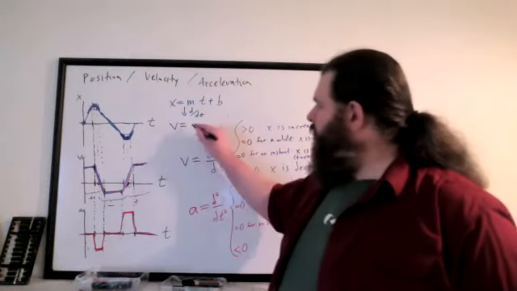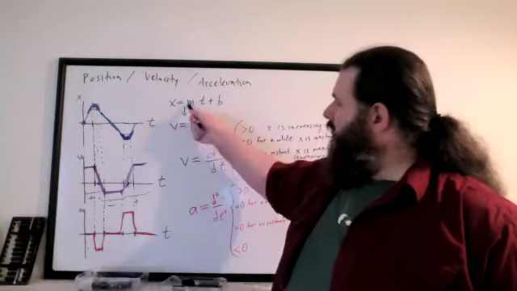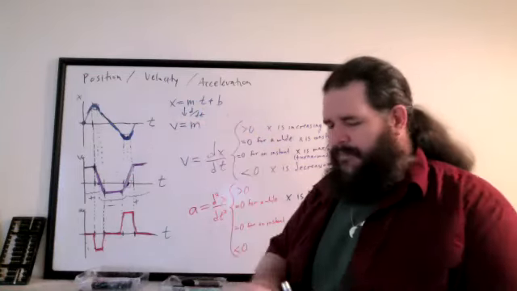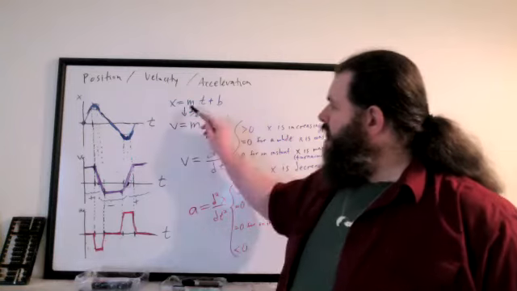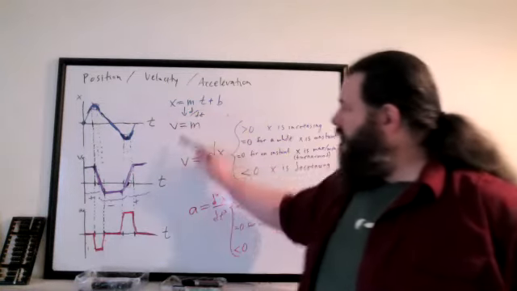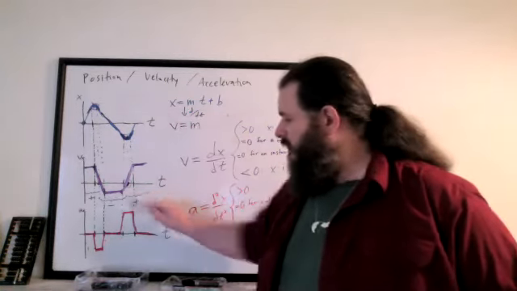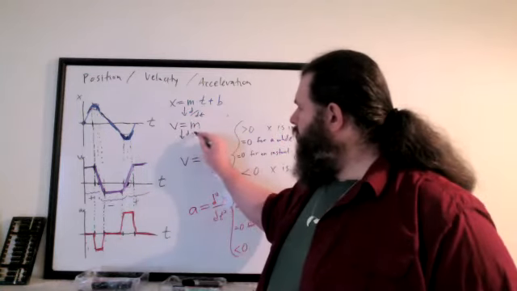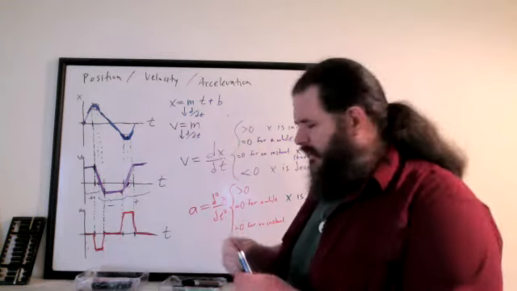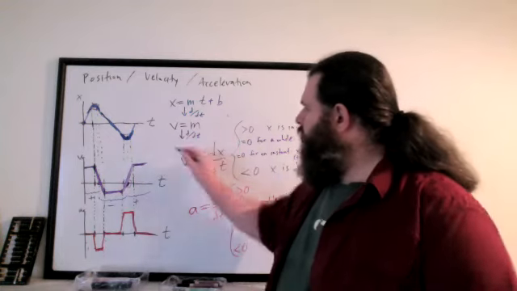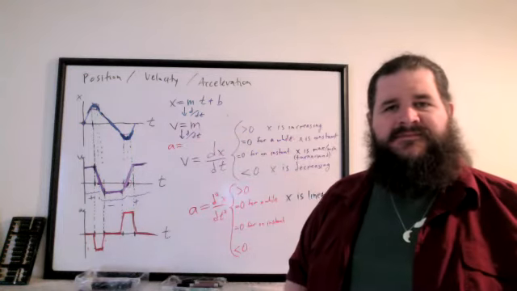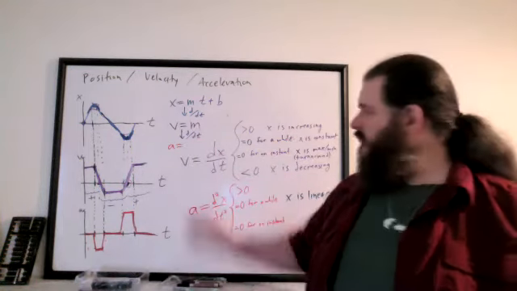Yeah, just m. The derivative of mt is just m, the slope. The derivative of a constant is 0. So if the position graph is a straight line, then the velocity will be a constant, which it is. And then if we take the derivative again, we get the acceleration. Well, what's the derivative of a constant? 0.